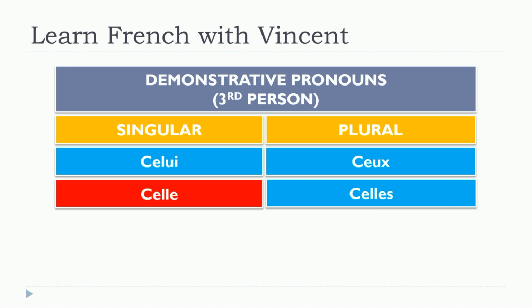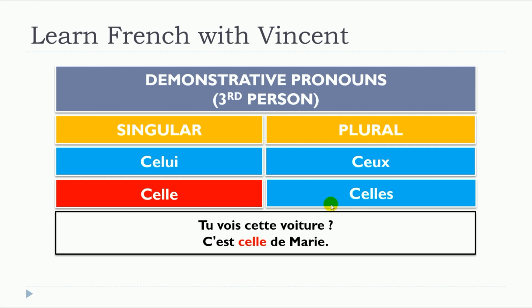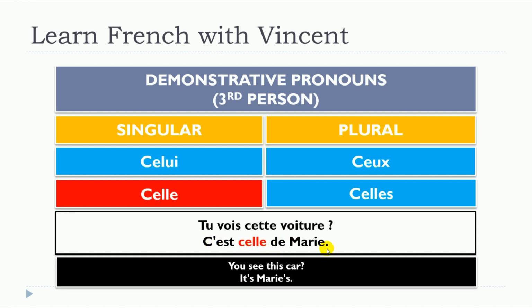For the feminine singular, let's see the example now. Tu vois cette voiture? C'est celle de Marie. In that case, as you can see, the word is voiture. Voiture is a feminine word. It is the singular form, so we will go for the singular feminine demonstrative pronoun.